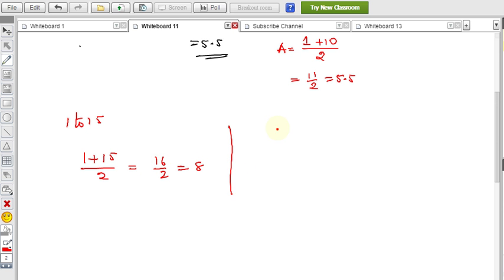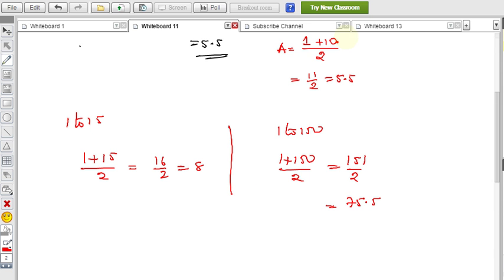Similarly, to find the average of first 150 natural numbers, 1 to 150. So 1 plus 150 divided by 2. 151 by 2, that is 75.5 is the average of first 150 natural numbers.